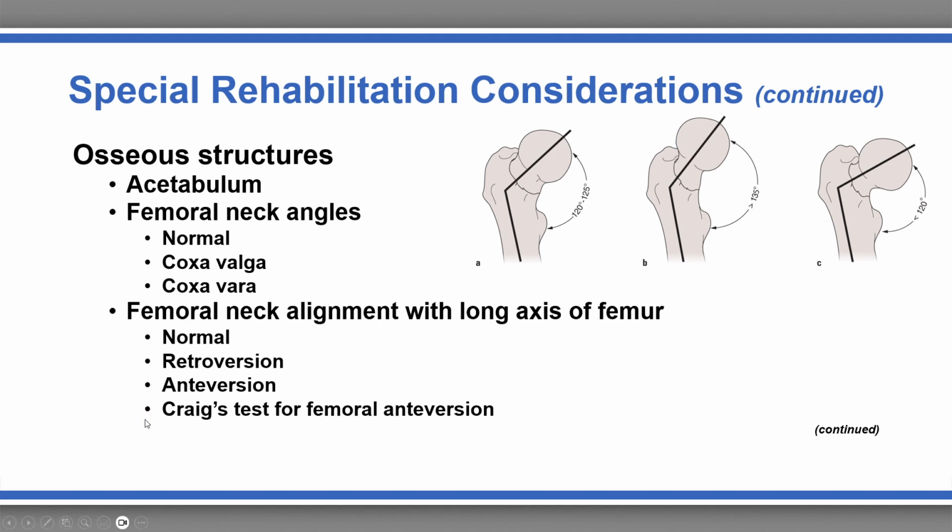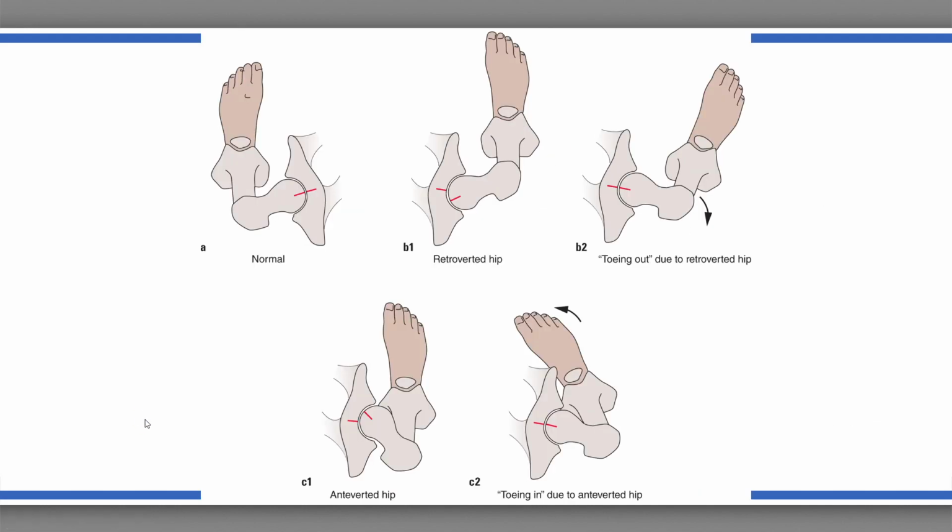This next figure really just highlights the normal alignment and how it normally places the neck in a position that is rotated 15 degrees anteriorly to the femur's frontal plane in an adult.